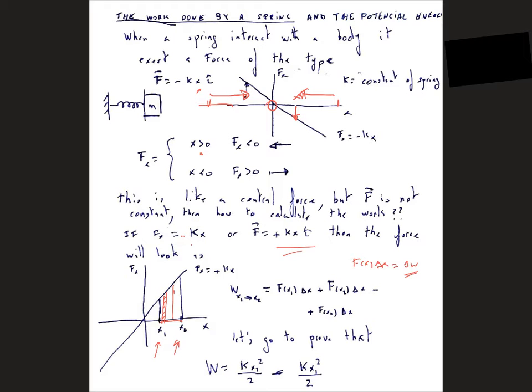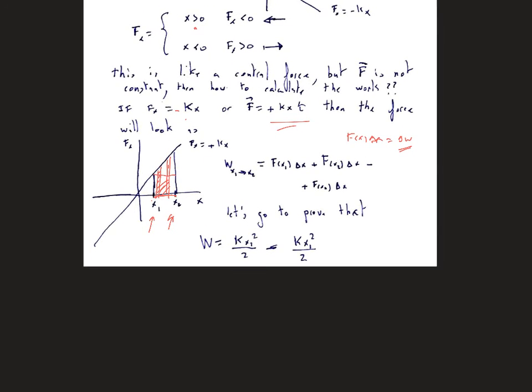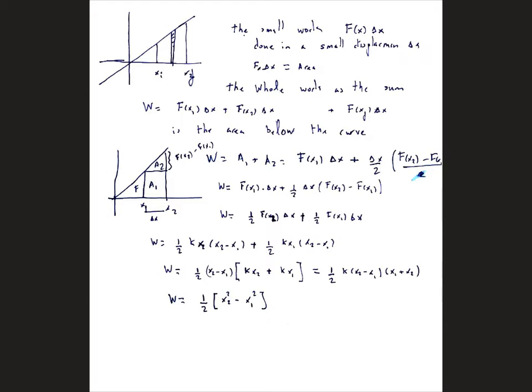This is the area. So to find the work from x1 to x2, we calculate the area below the curve. Let's prove that the work done for this force is kx2 squared divided by 2 minus kx1 squared divided by 2. So we want to prove this.